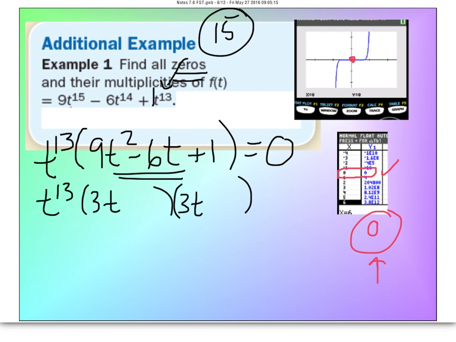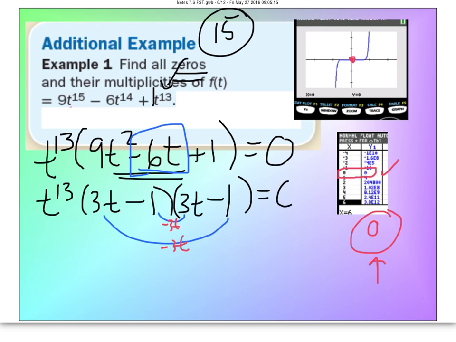And then I have to take two numbers that multiply to a positive 1. They're going to go here and here. So it's either 1 times 1 or negative 1 times negative 1. But I have to do it such that when I multiply these two, I get the middle term of negative 6t. What that's going to be is negative 1 and negative 1, because look what happens here. Those add to negative 6t.